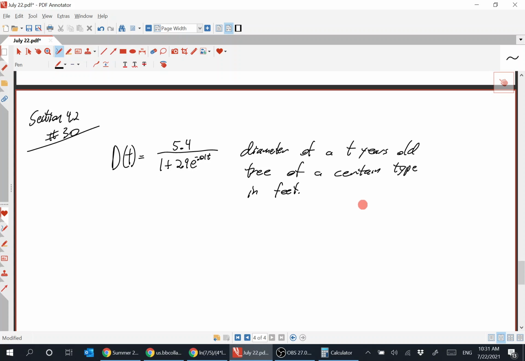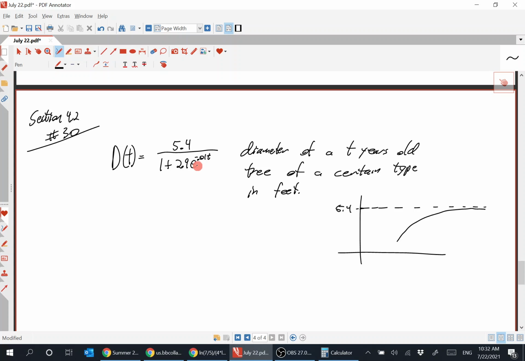And this is a logistic type function. It's got a growth with an upper asymptote. So 5.4 is the upper asymptote. And so it's a growth model looking like that. And at 0, what is it at 0? Of course, obviously this is not quite right.